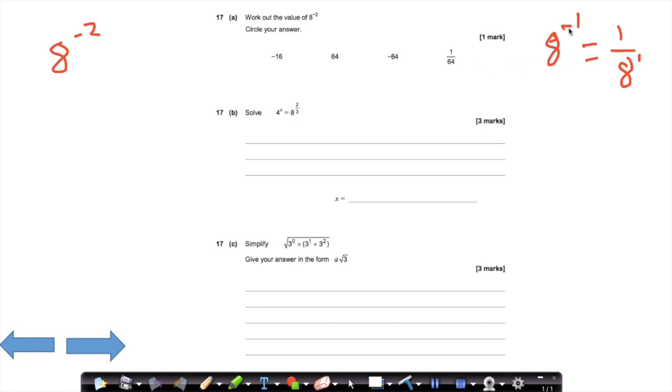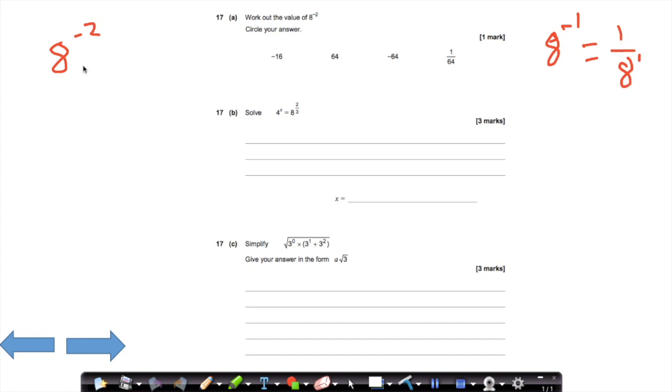To the power of minus something means it's going to be in fraction form, and the power up here tells me what I raise my denominator to. In this case it's a 1, so it's 1 over 8 to the power of 1.